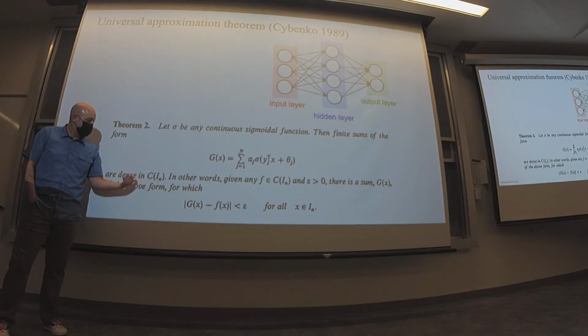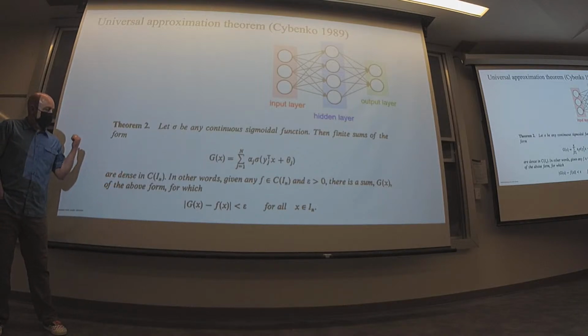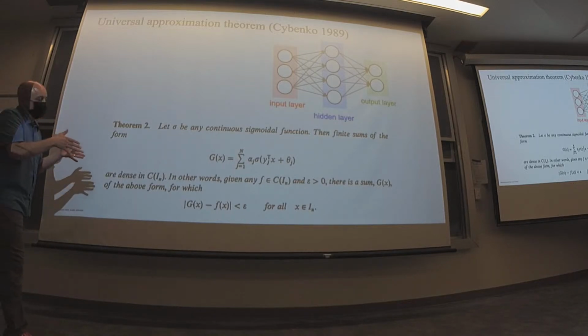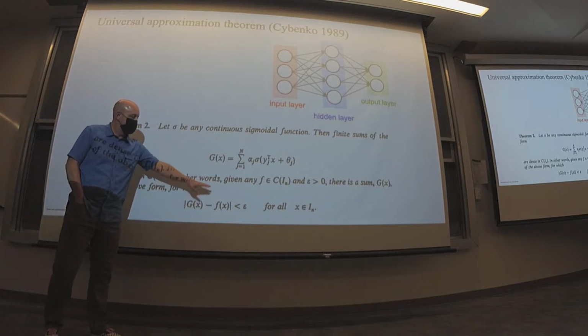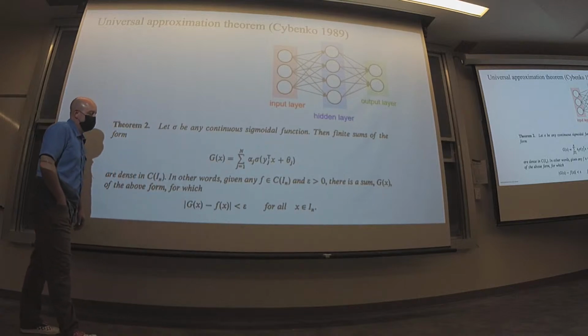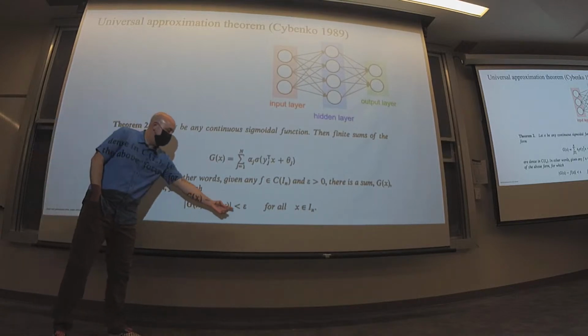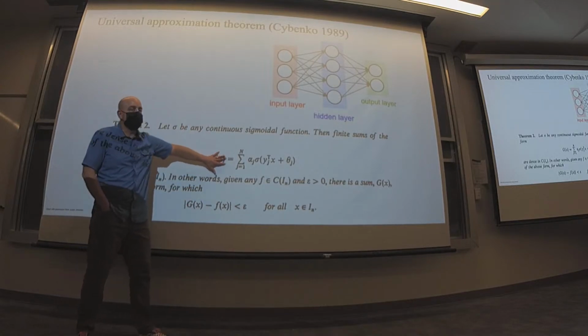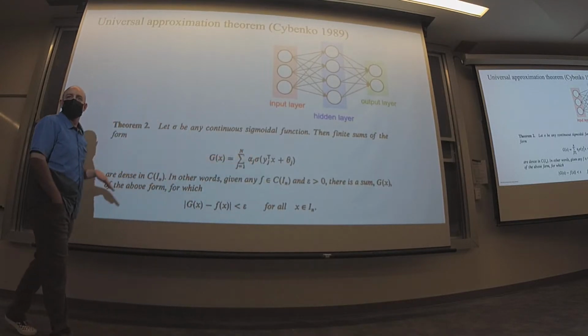Another way to think about this is that given an appropriate measure of distance between functions, we can approximate any continuous function on this interval to an arbitrary degree by a function that looks like this, by a two-layer network.